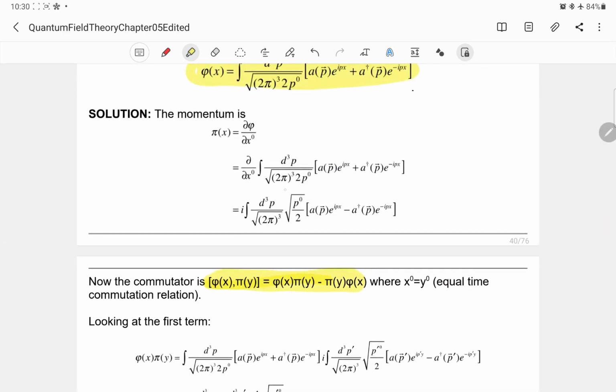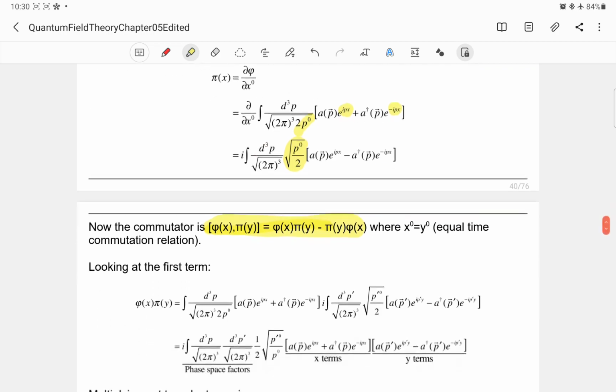So this is just the derivative of phi with respect to x0, and so we're just taking the derivative with respect to x0 here, and so with that you will be able to get a factor p0 in the numerator, and that will just cancel with the p0 in the denominator, so that you will have this factor in the pi expression.